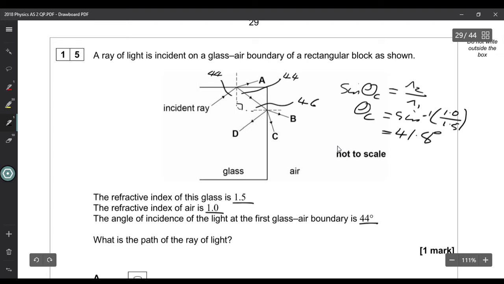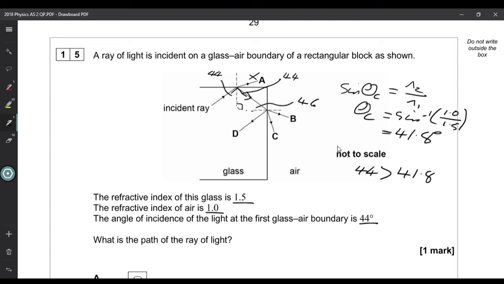So because 44 is greater than 41.8, our critical angle, then what we're going to end up with is total internal reflection. So the light is going to go this way rather than A, because we've got this angle greater than the critical angle.